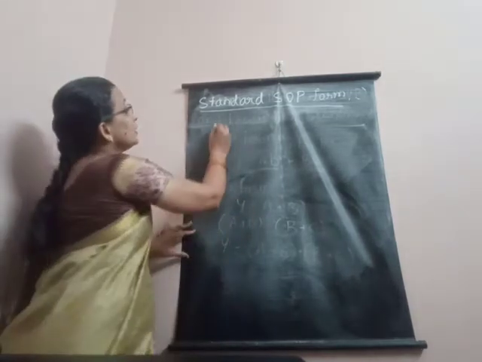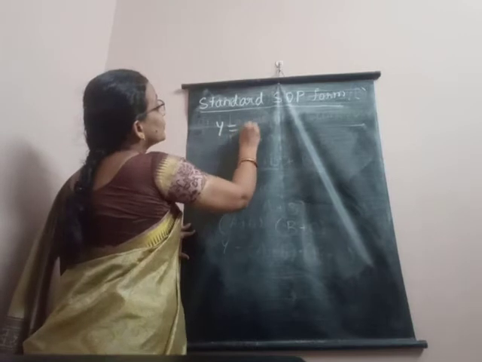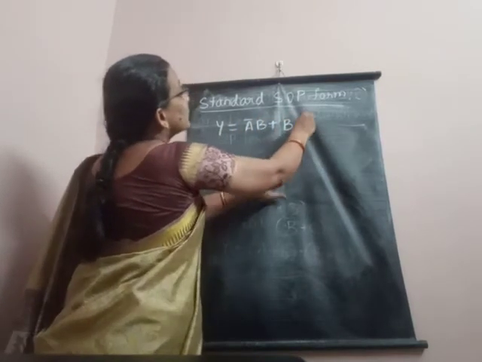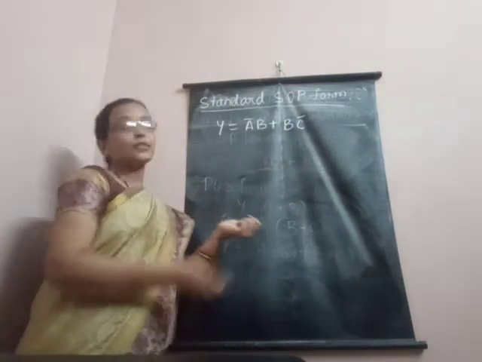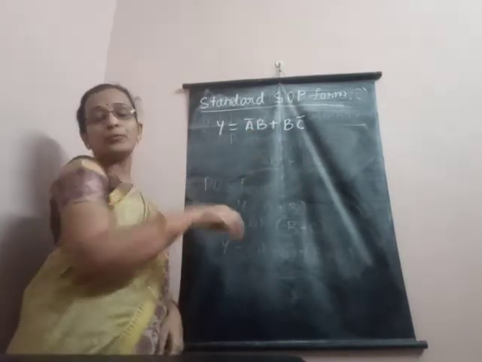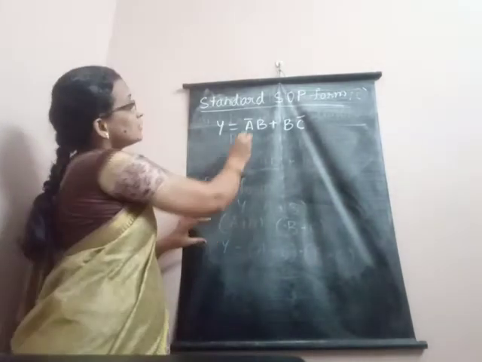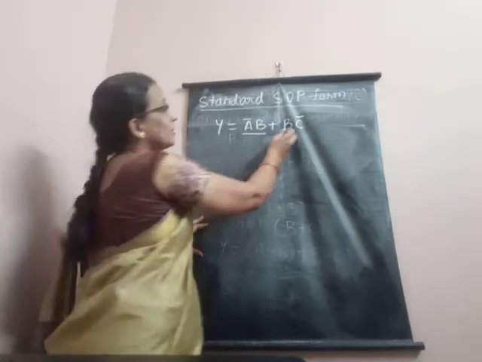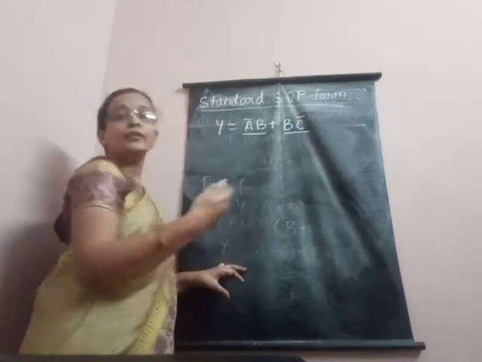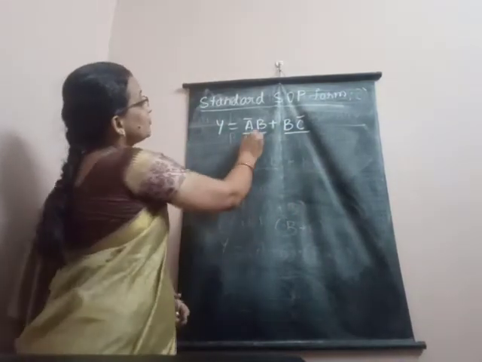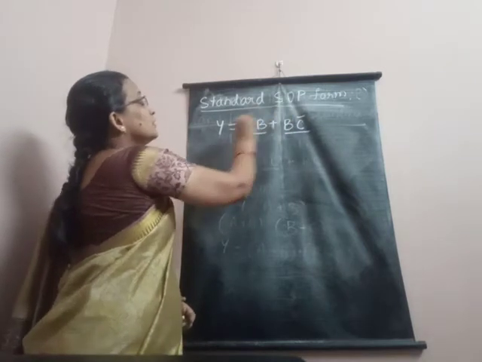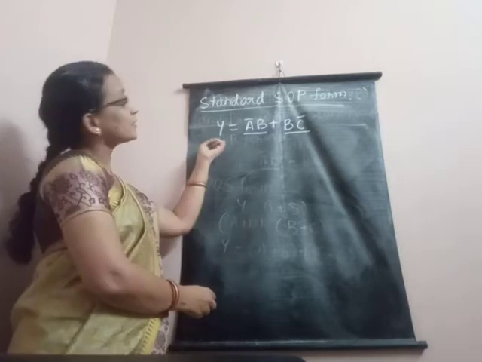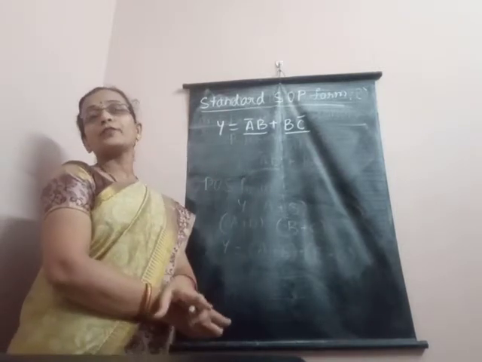For example, if y is equal to a bar b plus b c bar is the expression, this we call a sum of product expression. This is not standard because the first term doesn't have the C variable. The second term does not have the A variable. If all the terms in this expression contain all literals or all variables, then it is said to be standard sum of product form.